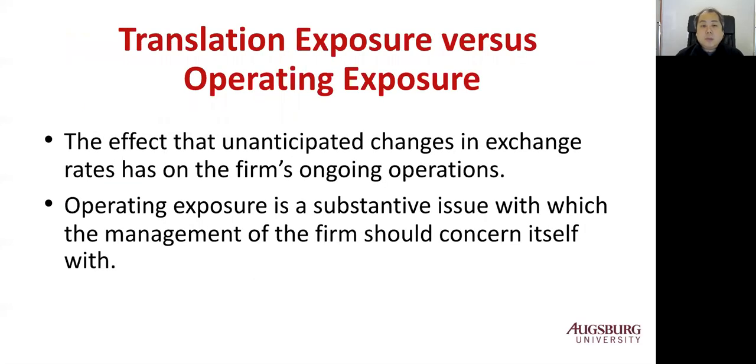So translation exposure versus operating exposure. The effect that unanticipated changes in exchange rates have on the firm's ongoing operation, right? So that's called operating exposure. It's a very serious issue, right? Because this is about the operation of the firm.